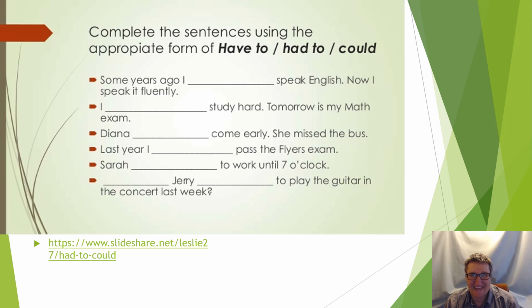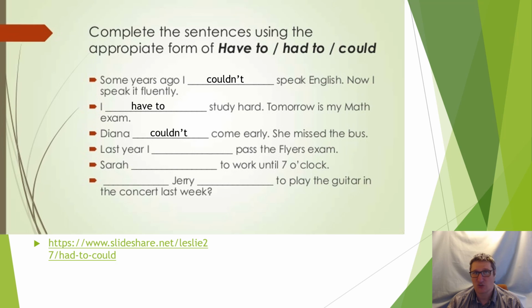Well done. And now, some years ago, I couldn't speak English. Now I speak it fluently. I have to study hard. Tomorrow is my maths exam. Present tense. I have to study hard today.